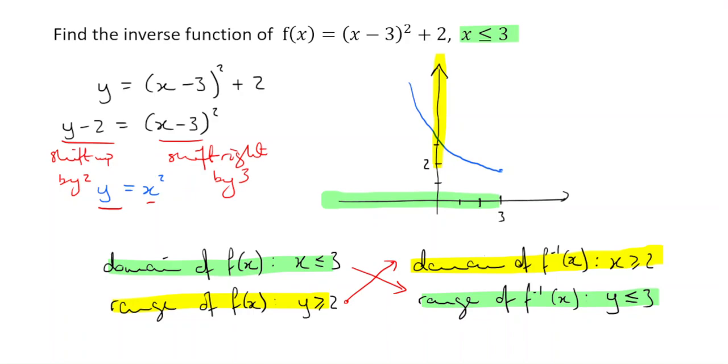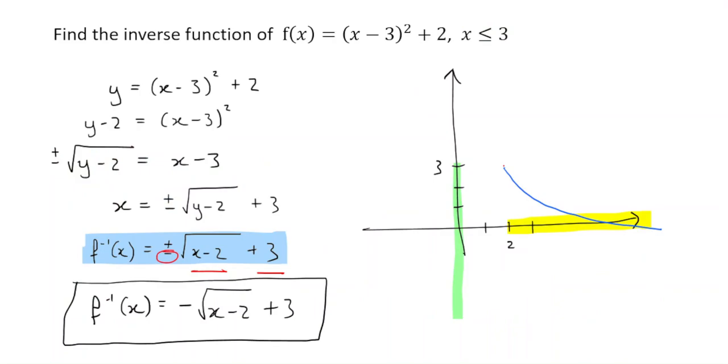So when you've got that, you already know where your graph has got to be for the inverse function. And so if you know that, then you should be able to tell yourself whether you're going to have a plus square root or a minus square root, right? Because you should be able to figure out that the values of your graph have got to lie within a certain range of values. Okay?